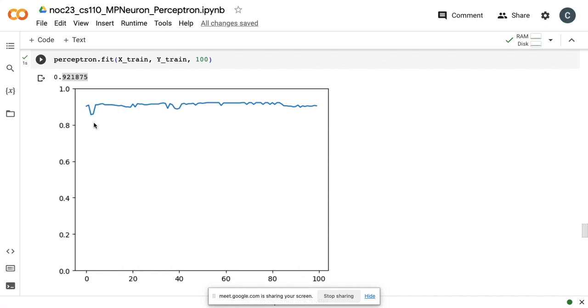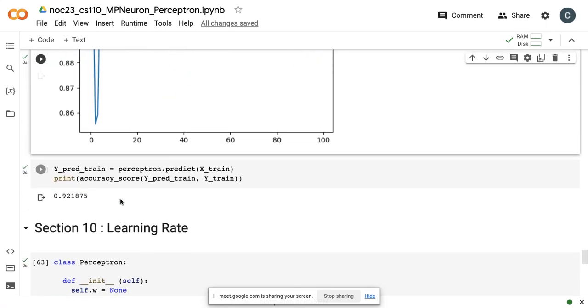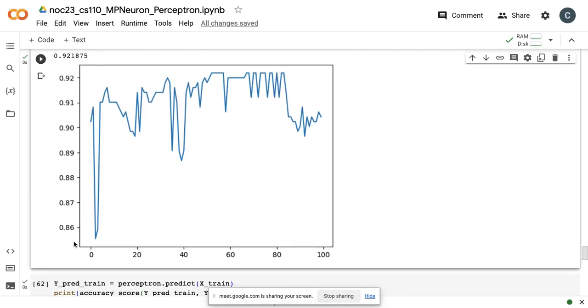Only the scale has been changed: instead of 0 to 1, we are keeping the scale between maybe 0.8 and 0.92, because that's the max we are getting. Because we are enlarging, zooming into the values, we can see that there are a lot of bumps, a lot of ups and downs, like that.